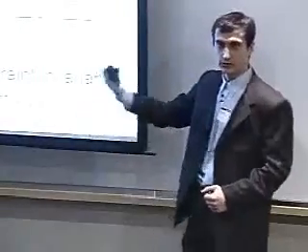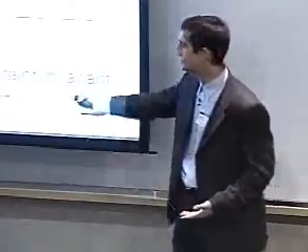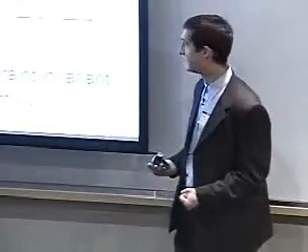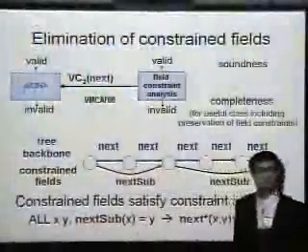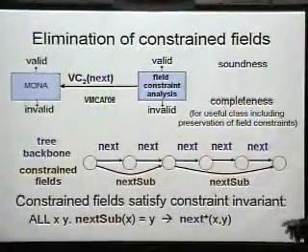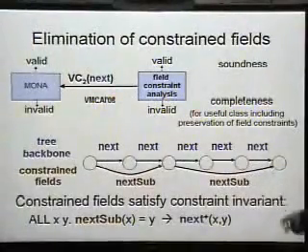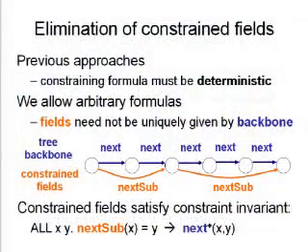But you also would like to reestablish it so that you can rely on it subsequently. And reestablishing these field constraints is a formula of that form, so that we are basically complete for data structures that maintain these kinds of invariants at loop boundaries.